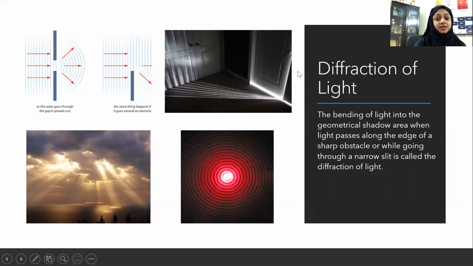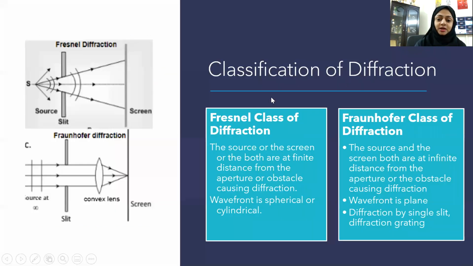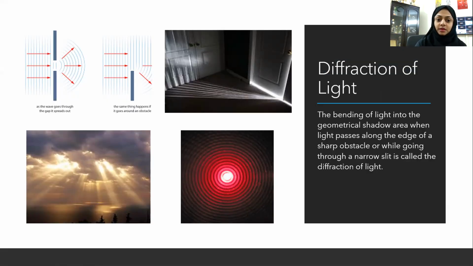But light has the property of waves. That is why instead of one single line, we see many bright and dark fringes or lines. This is called diffraction. So this is naturally occurring diffraction.